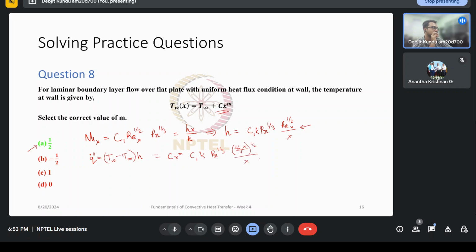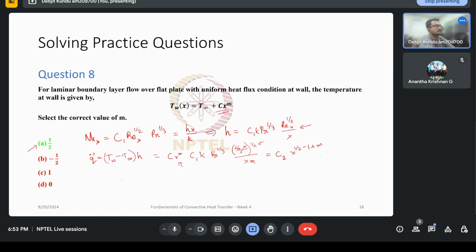I have 1 by x here. Yeah, this should be okay. So I'll just club all the constants together into some C2 and just write this as x power half minus 1. So half from here, minus 1 from here, and plus m from here.